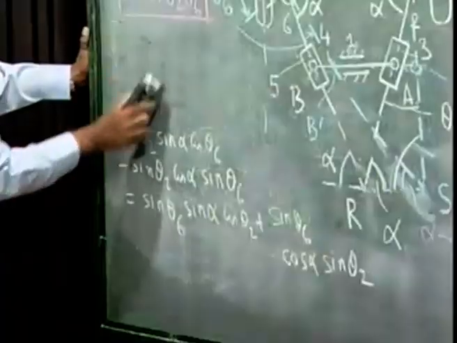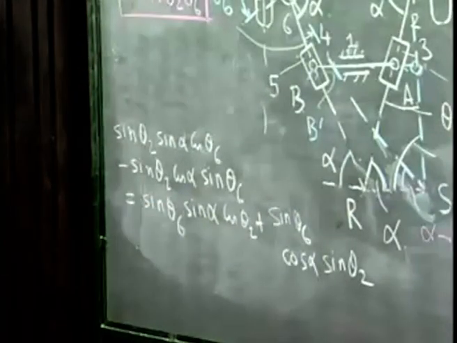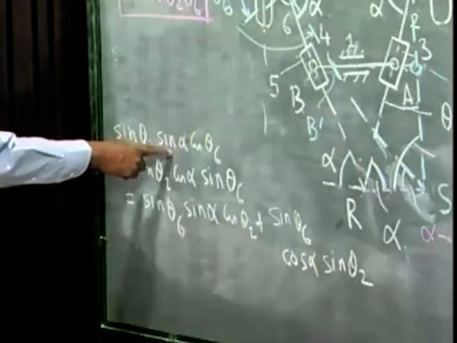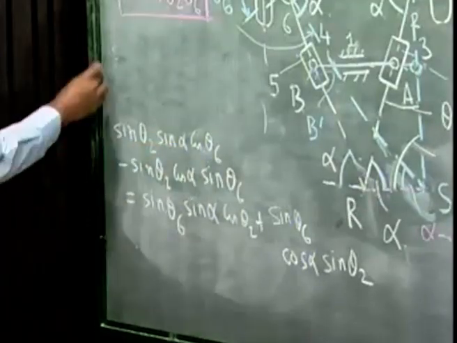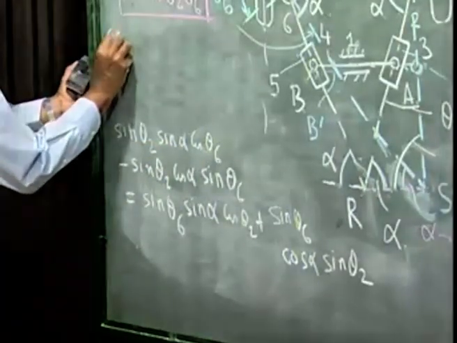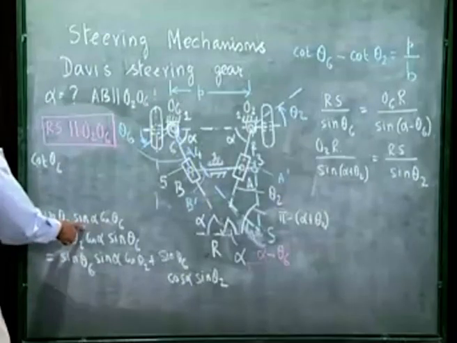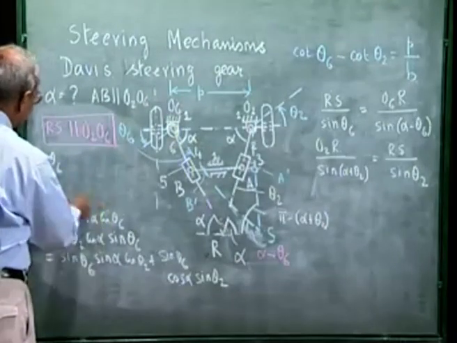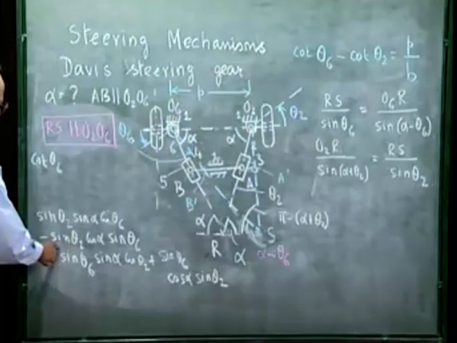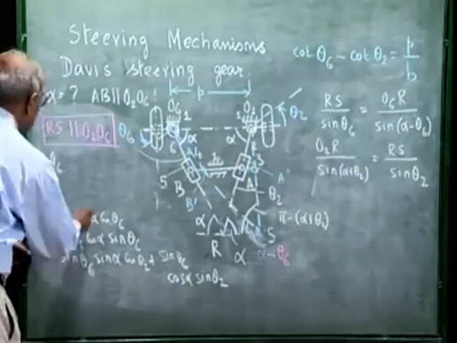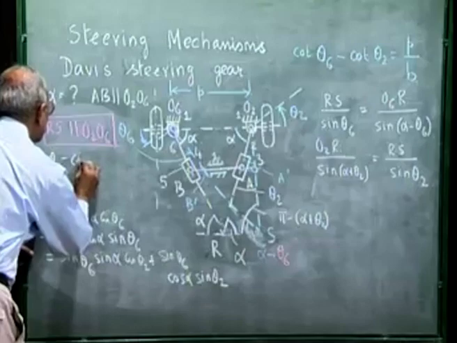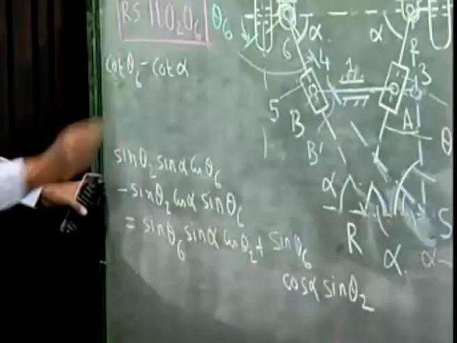Now, we can divide all these four terms by sine theta 2, sine alpha, sine theta 6. So that I get cot of theta 6, since sine theta 2 and sine alpha cancel, divided by sine theta 6, I get cot. Again, from here, I get minus cot alpha.